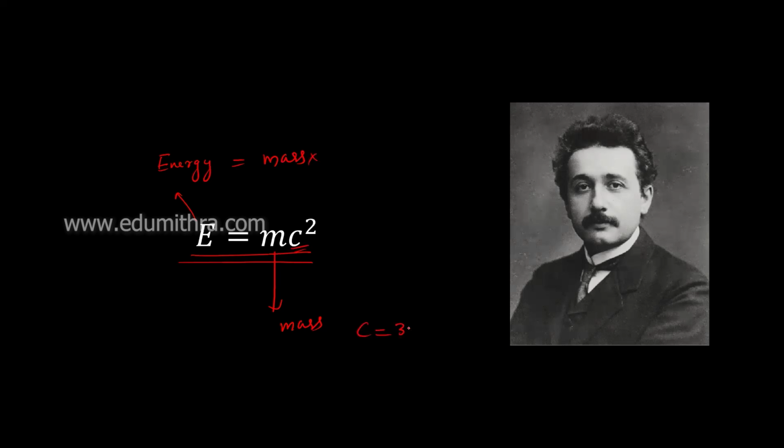C is the speed of light, 3 into 10 to the power 8. C square means you have to multiply C 2 times. So this equation can be written as energy is equal to mass into speed of light into speed of light. We have to multiply it 2 times.